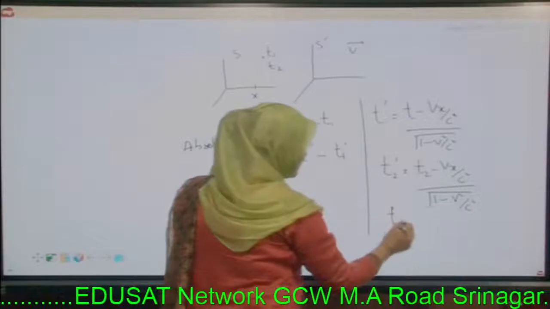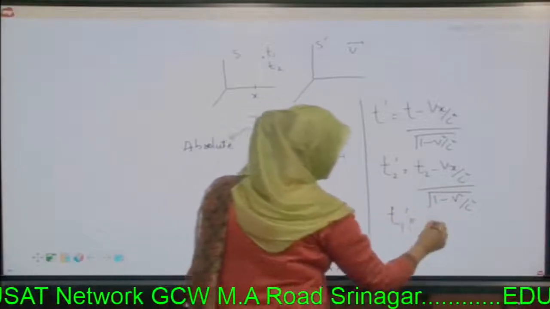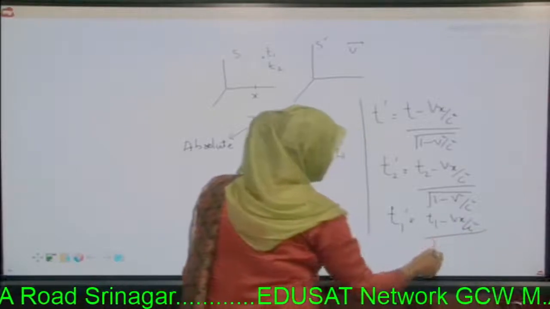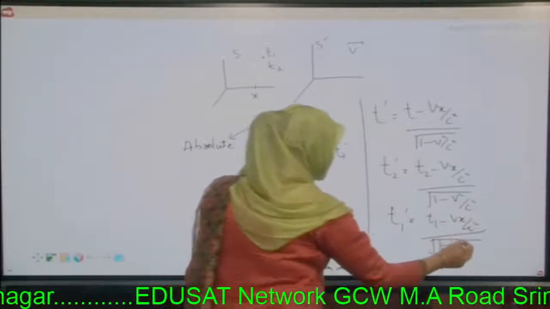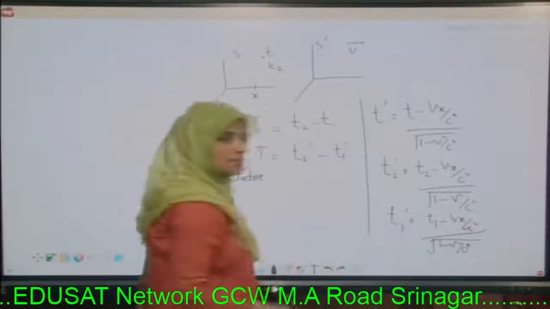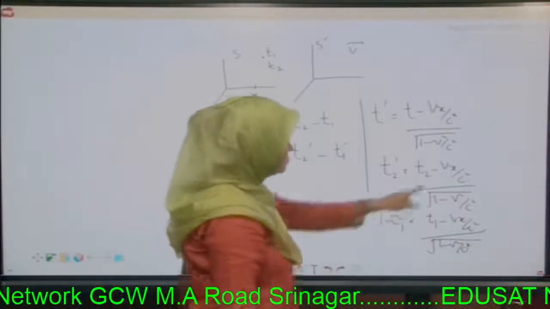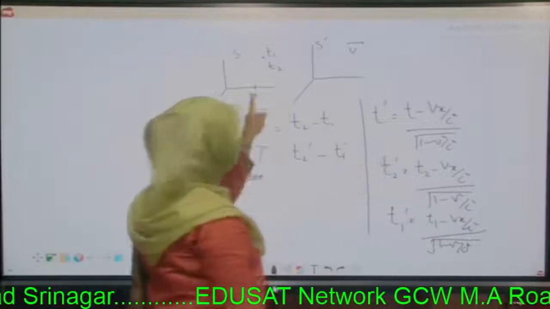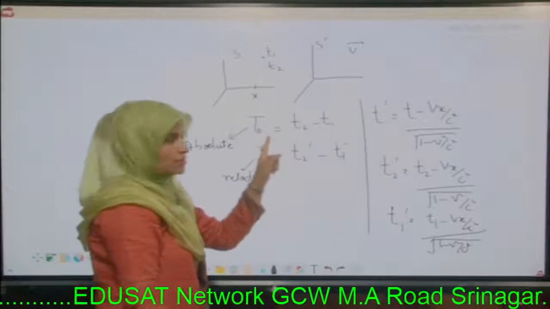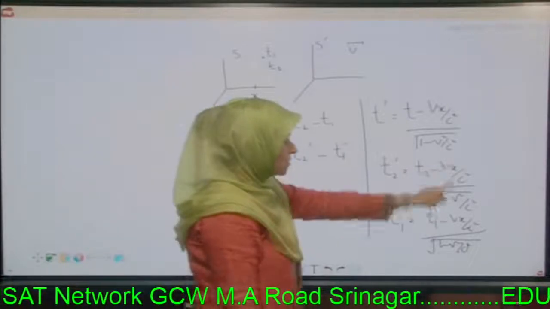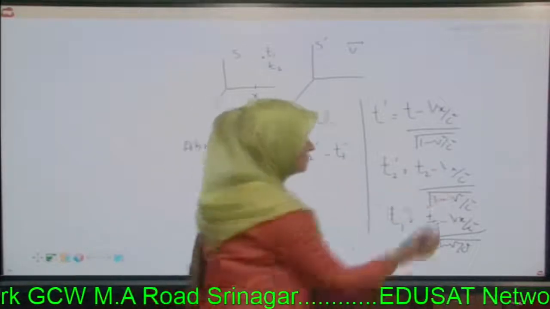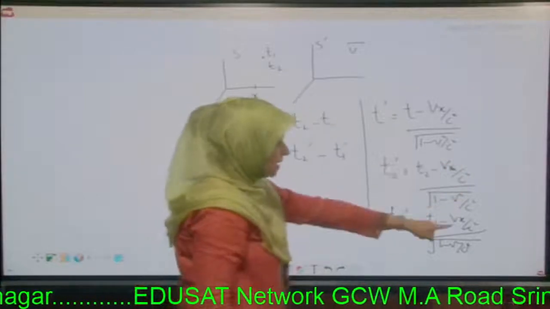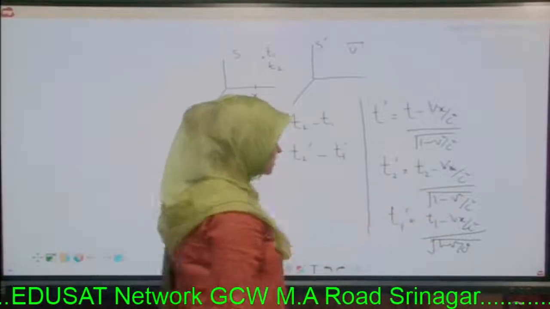Similarly for t1 dash you can write t1 minus vx by c square, whole divided by square root of 1 minus v square by c square. And again by the same argument as earlier, I did not choose to write x2 and x1 because this observer has taken these two measurements at the same position. So x2 and x1 are essentially the same and equal to x, right? Once we substitute that here, these factors will cancel out and we are left with t2 minus t1 only.